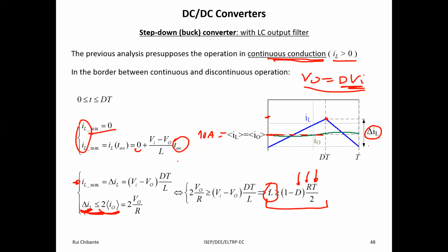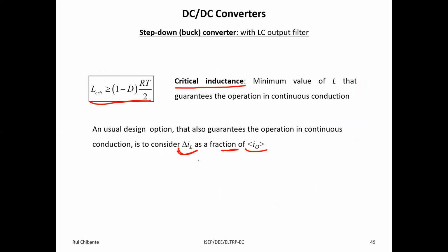So I'm saying that this current is 2 amps. So it means that the minimum is 9, and the maximum is 11. So I'm in continuous conduction. So if I say that the current variation is a fraction of the average value of the current, it is another way that automatically guarantees that we are in continuous conduction.